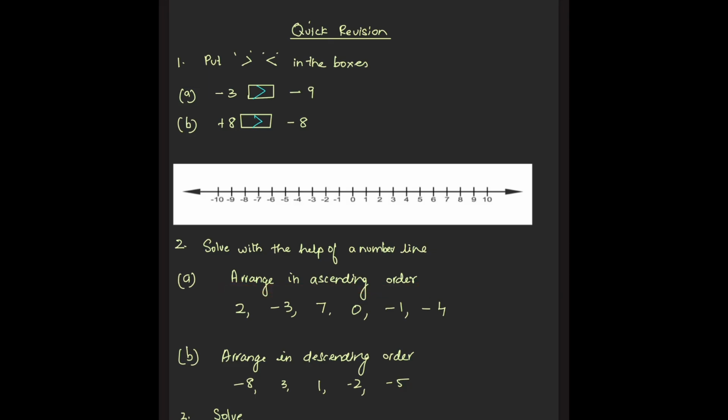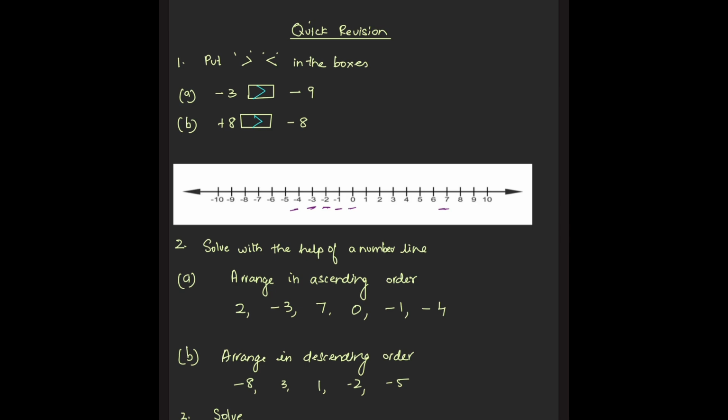Arrange in the ascending order. Ascending means first plot all this. Ascending means from smallest to biggest. Come on quickly. -2, I'm marking everything now. -2, -3, 7, +7, 0, my -1 and -4, -4 and -1.